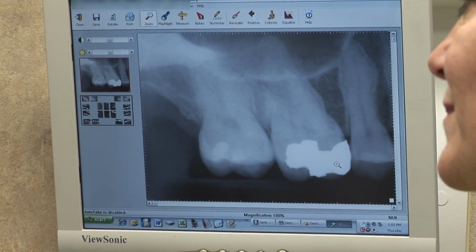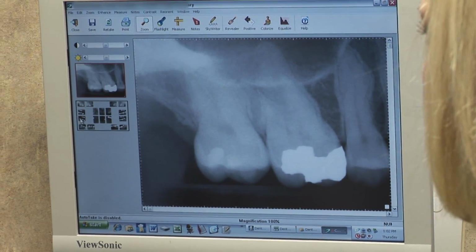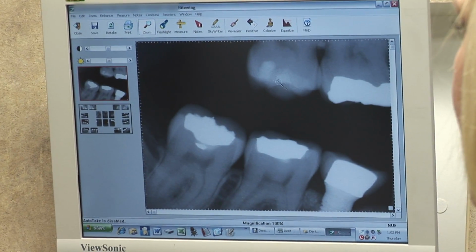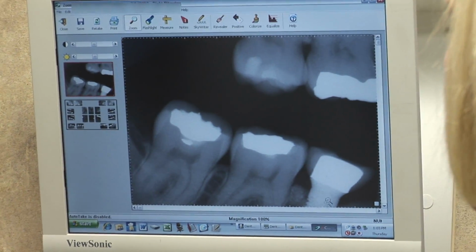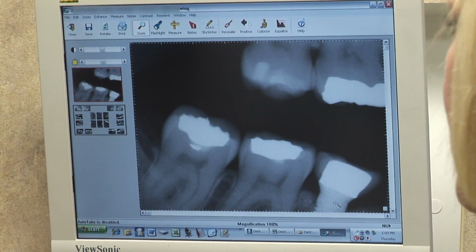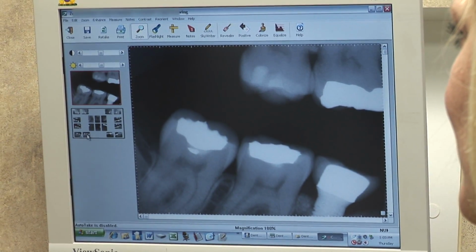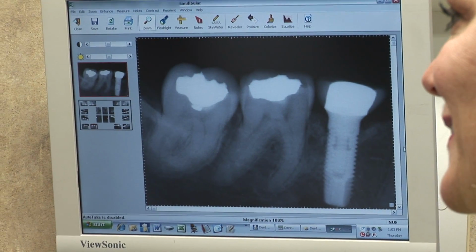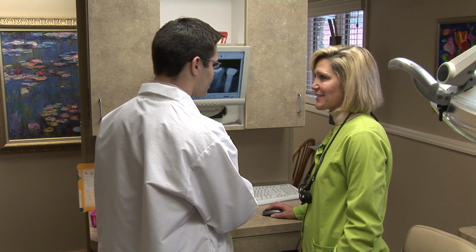A filling. Yep. And when you see a picture like this, this is all metal, right? The white. What do you think that is? Looks like a screw. It does. Pretty cool, huh? That'd be distinctive in a jawbone, wouldn't it?